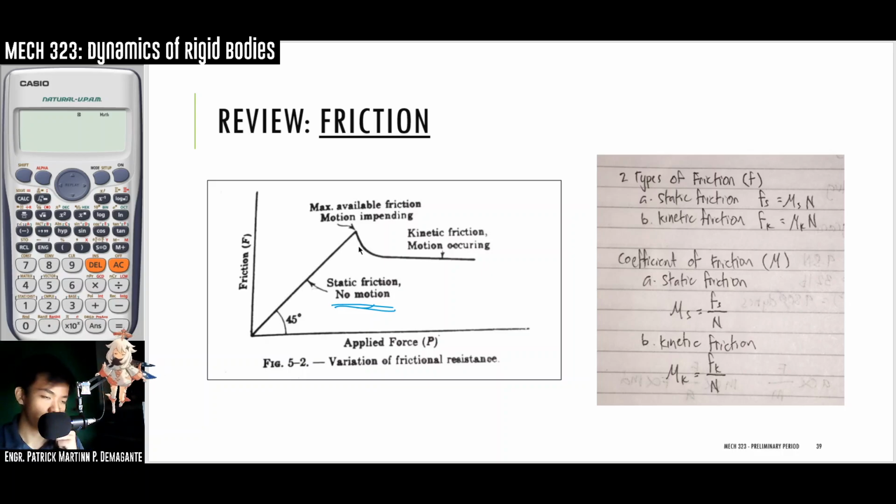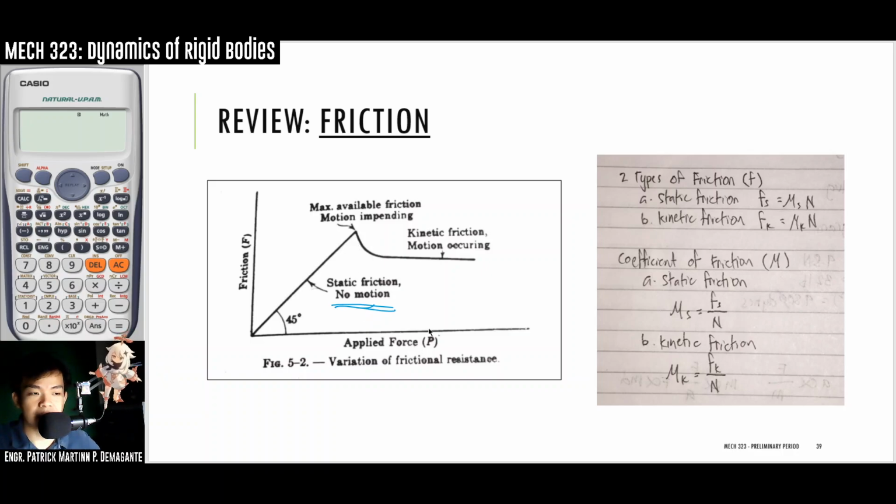After you surpass that value of friction, there is motion. The object will still feel friction, but it is kinetic friction already, because the object is moving. It is no longer static.